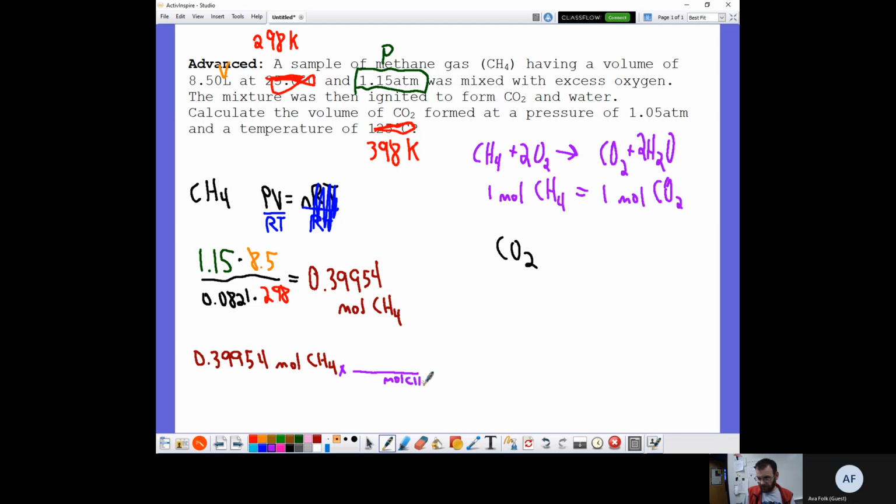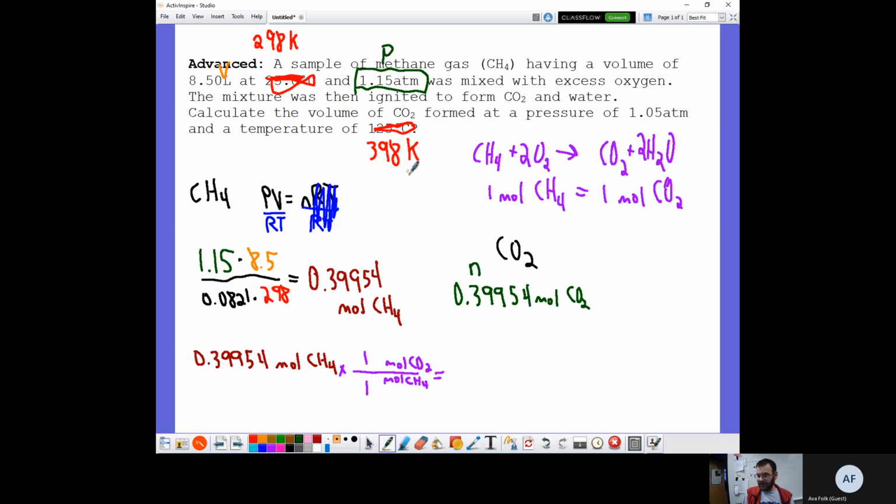Now we know it's a 1-to-1 ratio, so the moles of carbon dioxide is going to be the same as the moles of methane, but I'm just going to go through the motions here so that it's all set and done. So here we now have 0.39954 moles of CO2.